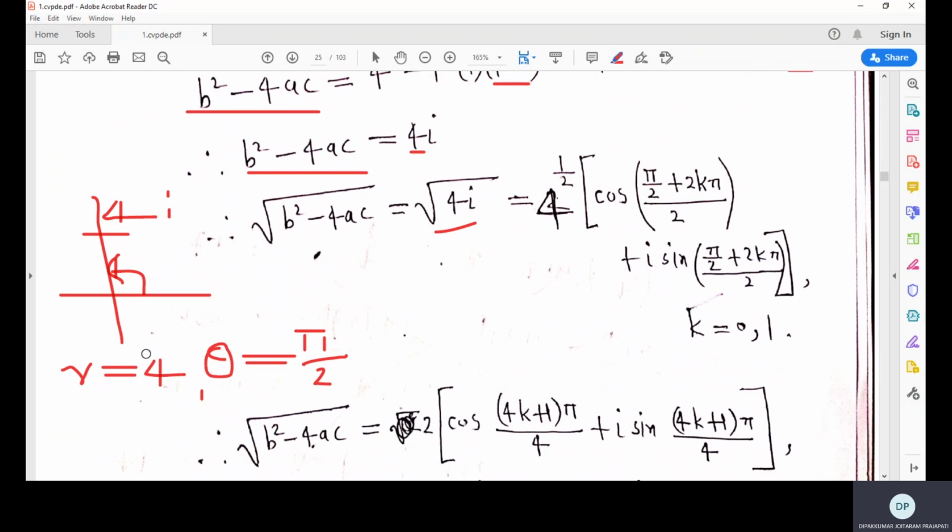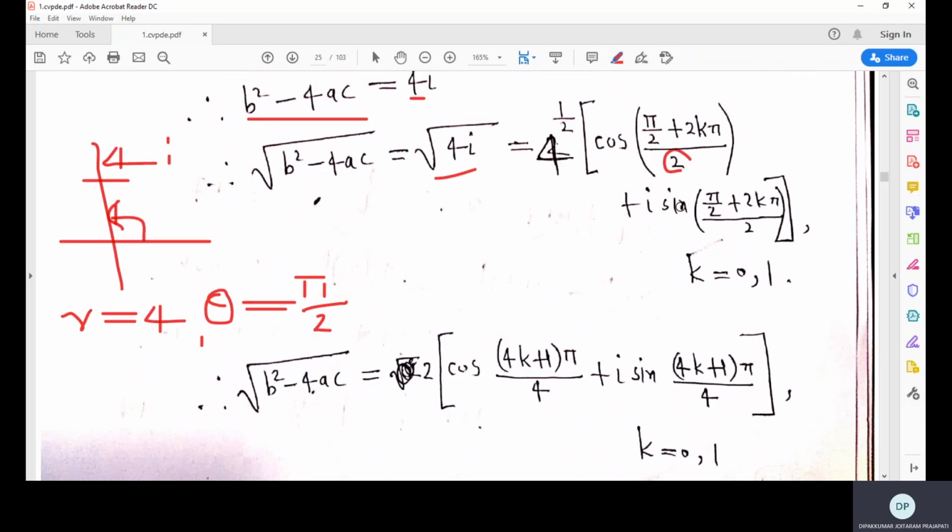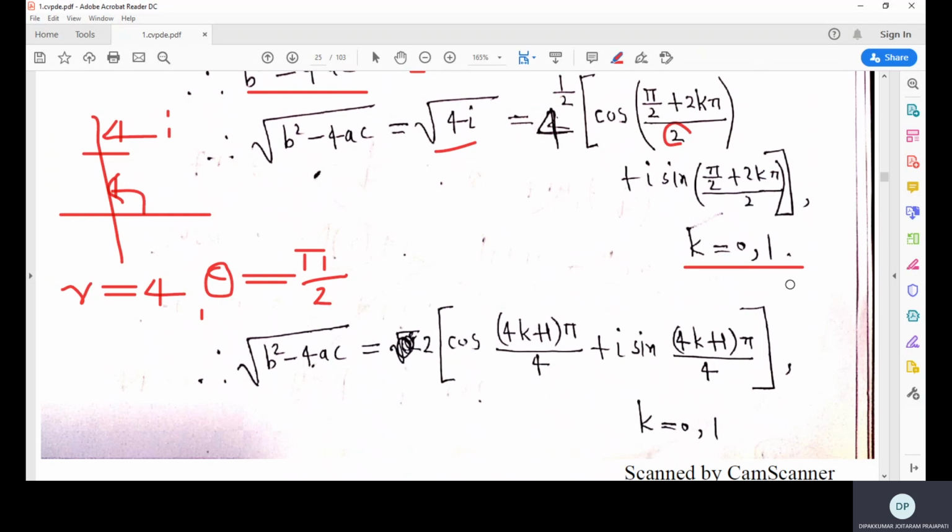So using this r and theta, the square root of 4i is 4 raised to 1 by 2 times cos of (theta plus 2k pi) divided by n, plus i sin of the same. Here we are interested in finding the square root, so we consider n equal to 2 in that formula. Theta is pi by 2, and because n is 2 we have two values for k equal to 0 and 1.